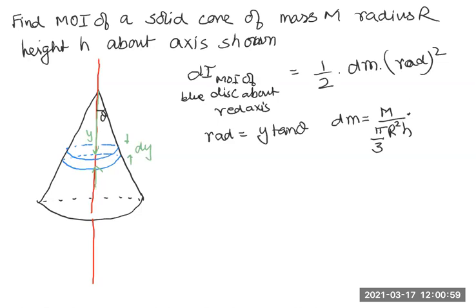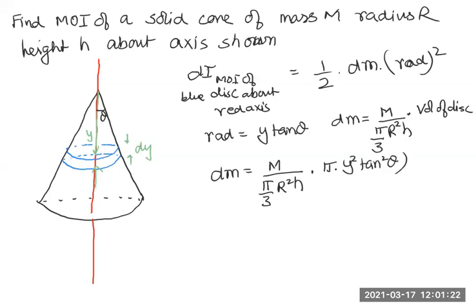Multiplied by the volume of the disk. So therefore dm will be equal to m divided by pi by 3 r square h, multiplied by pi into radius square, y square tan square theta, into thickness which is dy. Pi will cancel and this will come 3m by r square h tan square theta into y square dy.